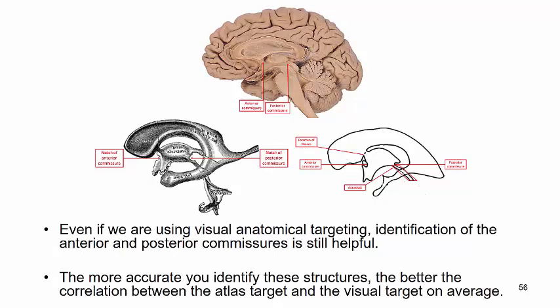Even if we are using visual anatomical targeting, identification of the anterior and posterior commissures is still helpful. The more accurately you identify these structures, the better the correlation between the atlas target and the visual target on average.